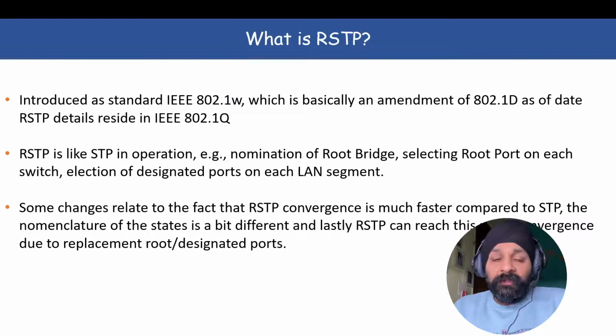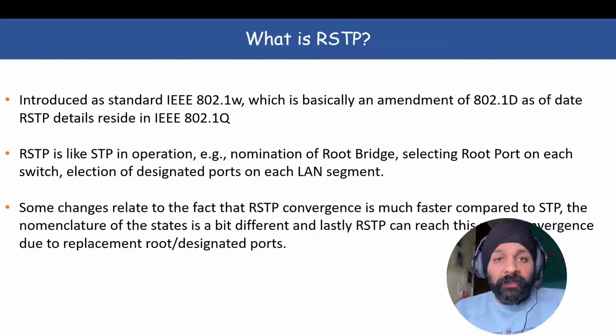The alternate port is the backup for the root port, and the backup designated port, as you have guessed, is the backup for the designated port. Because of these two ports, if there is a failure, RSTP can quickly switch over to the alternate port or the backup designated port. And because of this, RSTP converges very fast in case there is any change in the network.